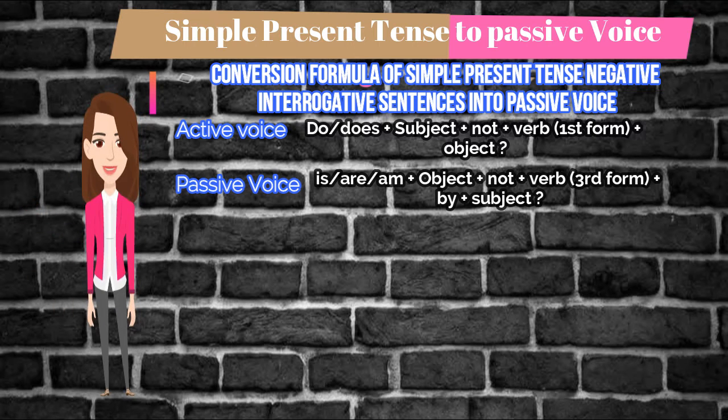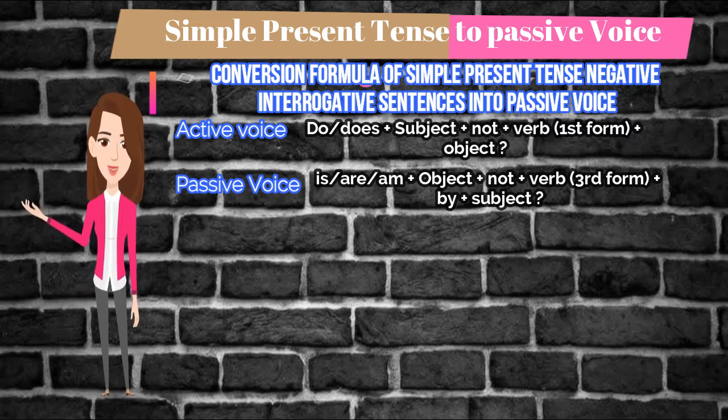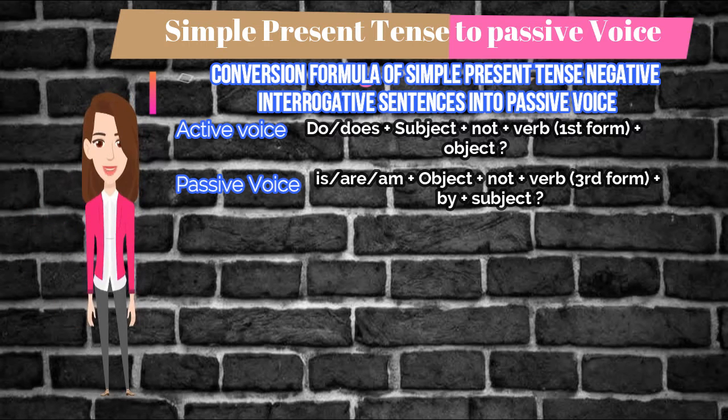In the third step, change the simple sentence to passive. In the fourth place, put not before the verb third form. Now in the final step, lift the helping verb and place it at the start of the sentence, and put a question mark at the end to finish the passive sentence.